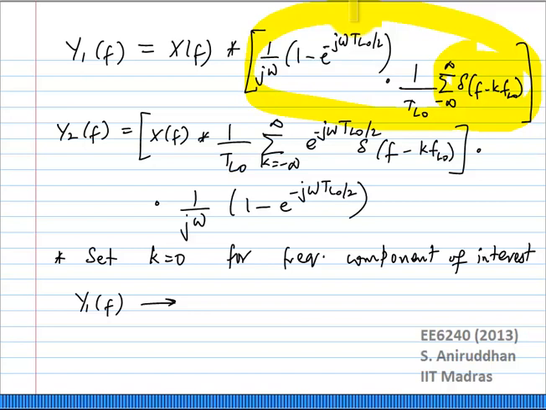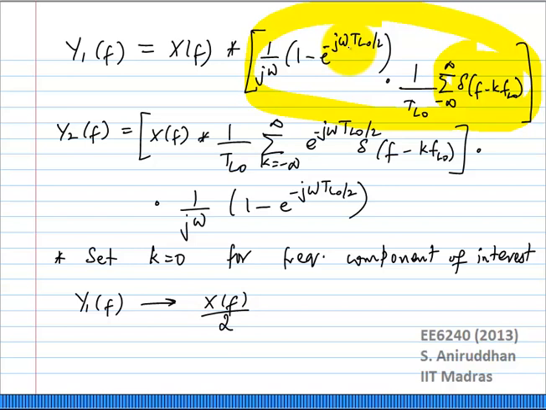Think of 0 as 1. Are you missing out a factor? There's a T_LO by 2, right? And then, okay, y1 of f will reduce to, in fact, there will be a half factor because T_LO will also get cancelled, because you have j omega T_LO e power minus omega T_LO by 2, and then j omega T_LO in the denominator, so it will end up as a half term.